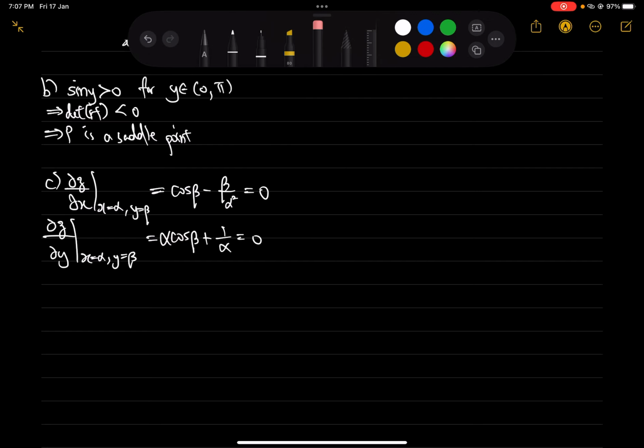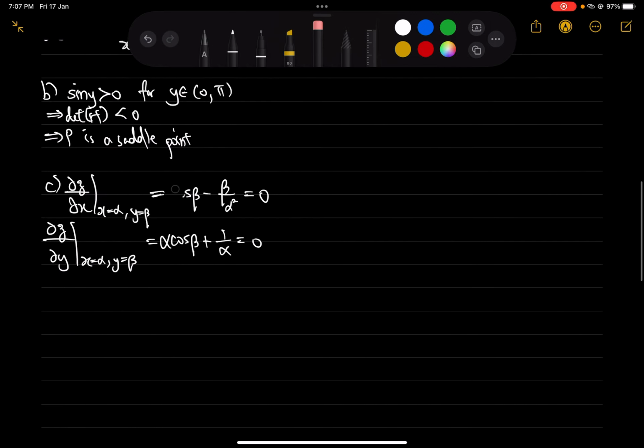And just checking, I think I got this wrong. That should be a sine. And I think both of them have this 1 over alpha squared. So let's go ahead and do that. And here we have 1 over alpha squared is equal to negative cosine of beta.